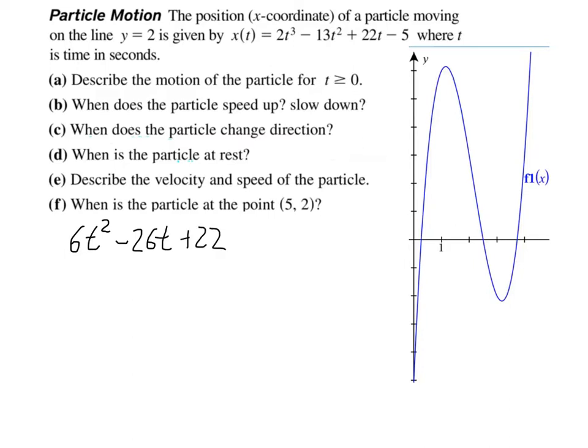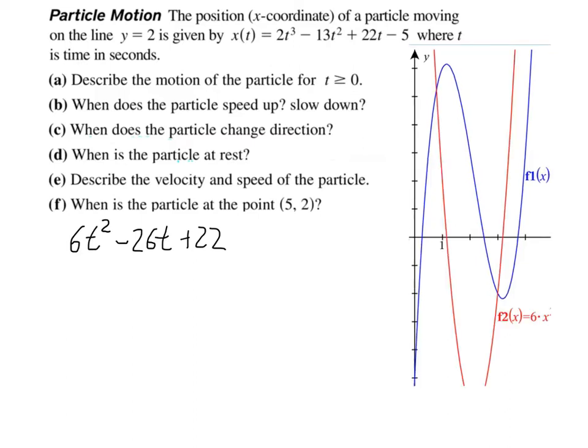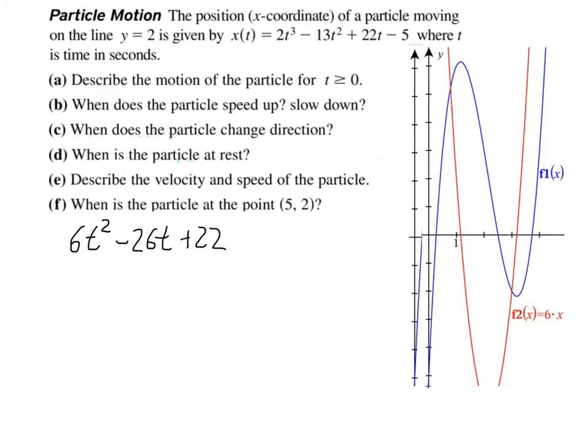So if I was to graph that, it would look like this red function here. Sorry, the bottom kind of got cut off. But you can see, this is the velocity, v of t. Looking at the position here, velocity is just the slope of the position.